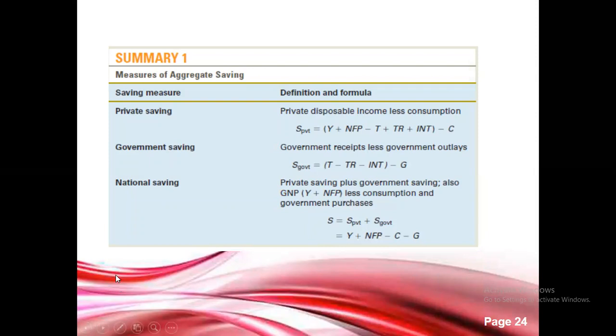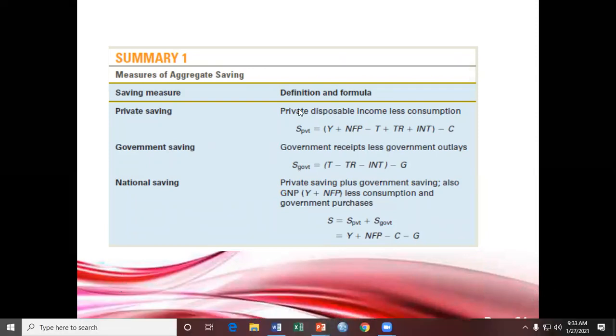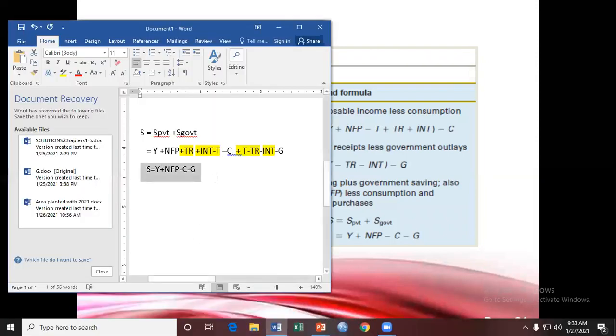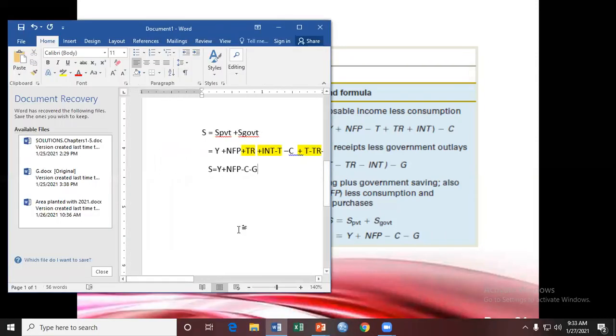For this, we have to again use the equation. The expression is already written here. What you have to do is substitute the value of Y, which is C plus I plus G plus NX, right? Just substituting the value of Y, the GDP, over here and putting the rest of the equation as it is.